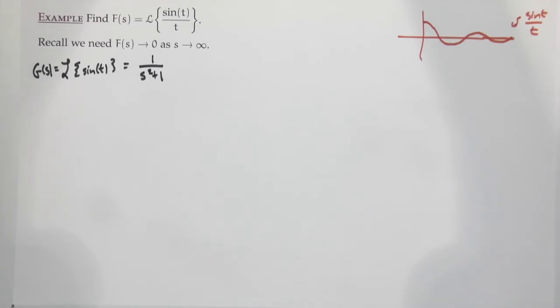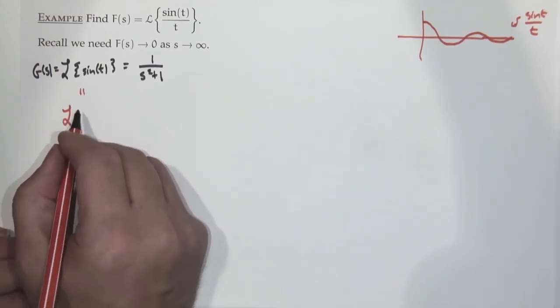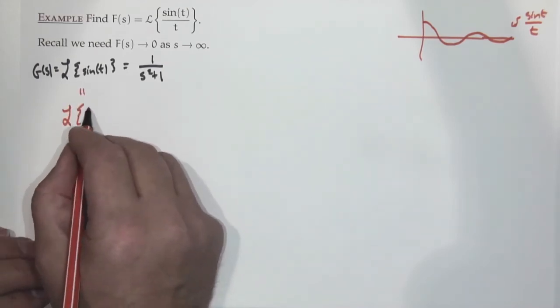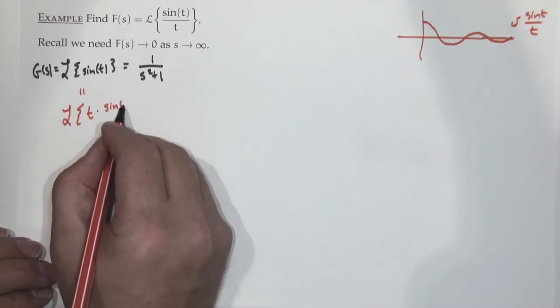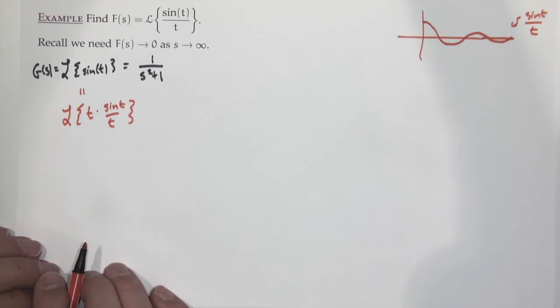Now, there's another way to think of the Laplace transform of sine t, and that is that this is the Laplace transform of t times sine t over t. Why?